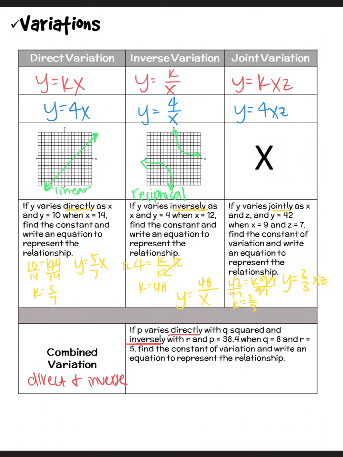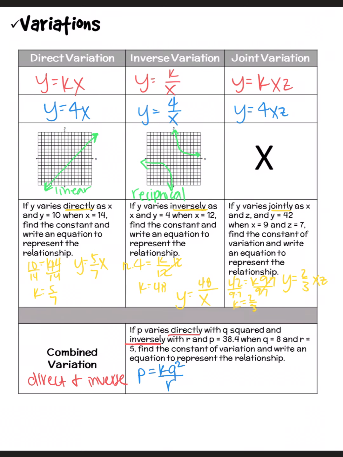We've got p varying, so we've got a constant with q squared varying directly, right? So that constant's multiplied by the q squared, and inversely with r. So you can see that we've got 3 variables, so it's kind of like a joint, but instead of them all being multiplied together, that r is on bottom because it's inversely related.